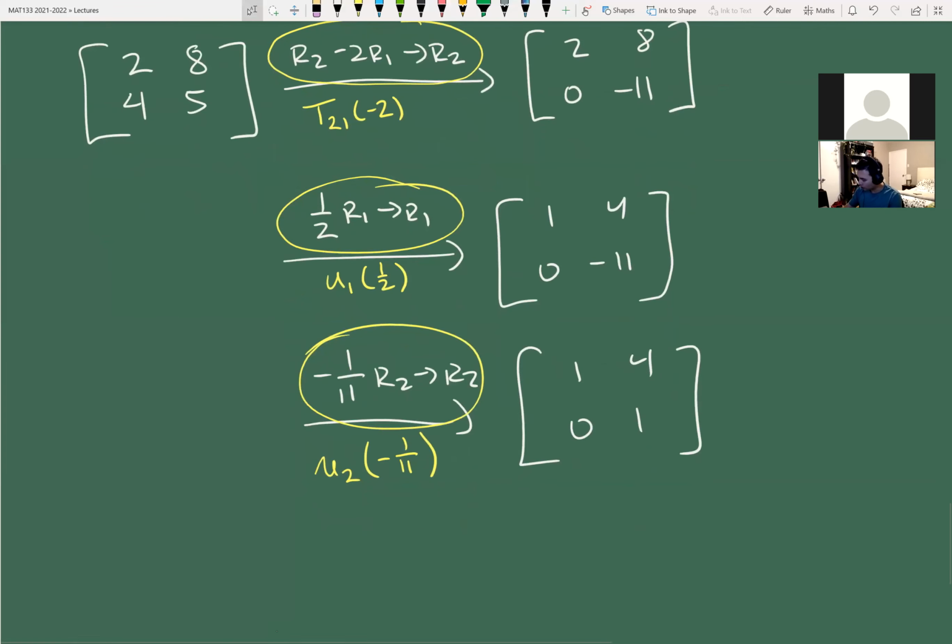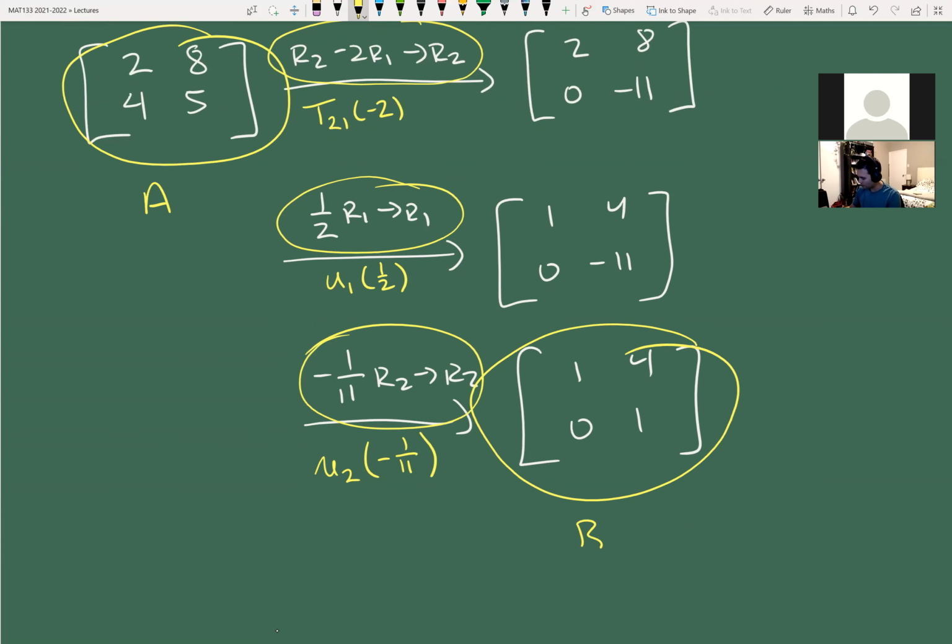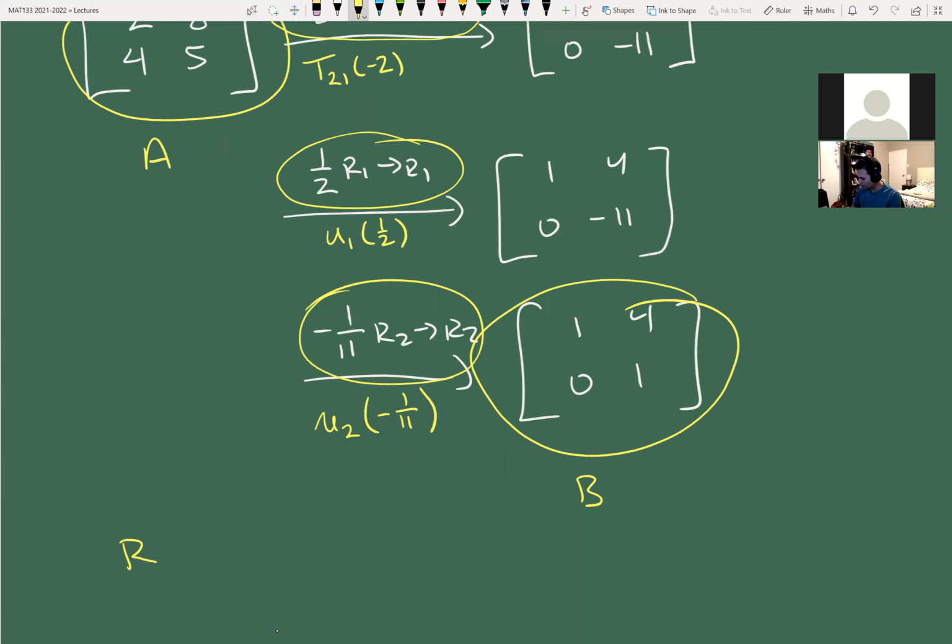So to turn this matrix A into this matrix B, that is the same thing as doing U2 of negative 1/11, U1 of 1/2, T21 of negative 2 times A. Like that, right? Yeah, T21 because I'm taking row 2 and adding negative 2 row 1 to it, right?